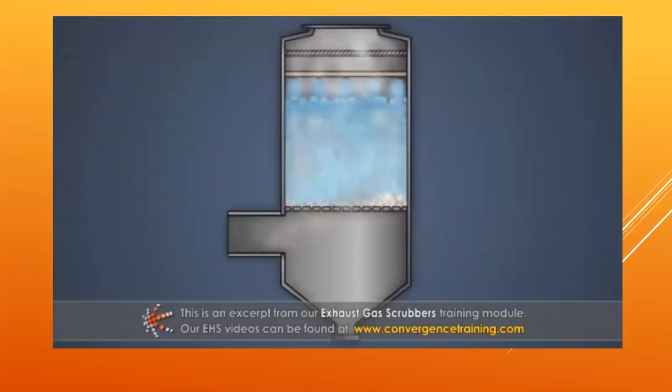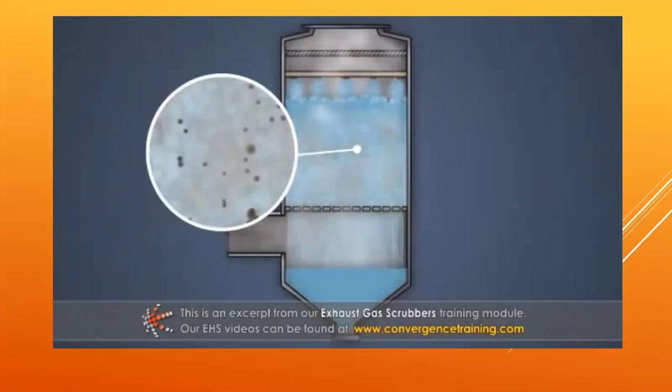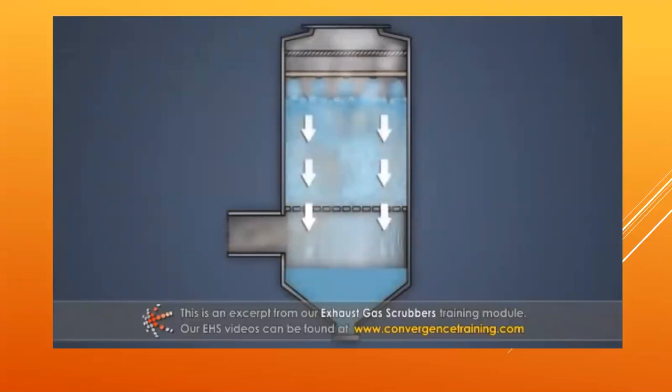As the gas passes up through the packing material, particulate and gas molecules come in contact with the film of liquid on the packing material. The contaminated liquid drains down through the packing material, past the packing support, and out through the bottom of the tower. The gas stream passes out through the top of the packing material, past the nozzles, and through a mist eliminator to exit the tower.